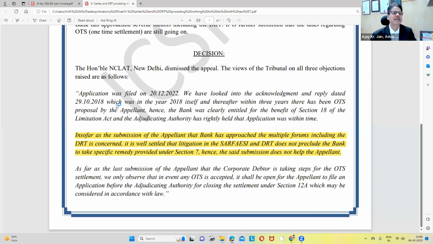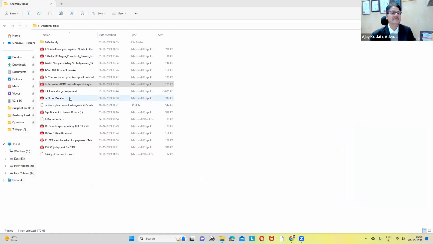Now come to this. First of all, I put one question before you: whether NCLT or NCLAT can recall its order if it subsequently finds that there is some error in the order, or that the order has been passed due to some mistake or mistake of facts.